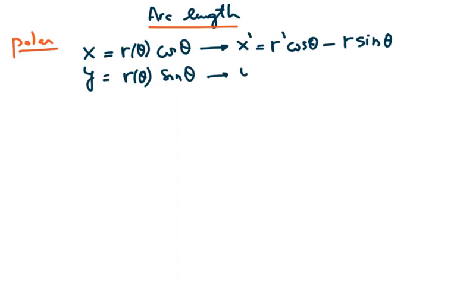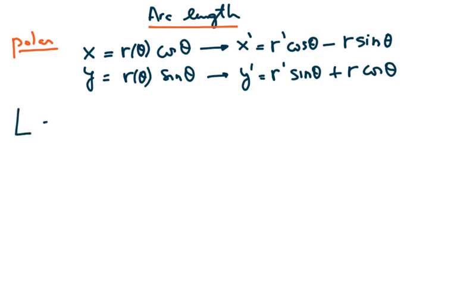And the derivative of this will be the derivative of the first one times the second one as it is, plus the first one as it is times the derivative of the second one, which is cosine. So we have the derivatives, that is what we need in the formula of arc length.